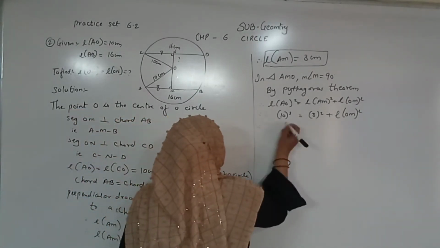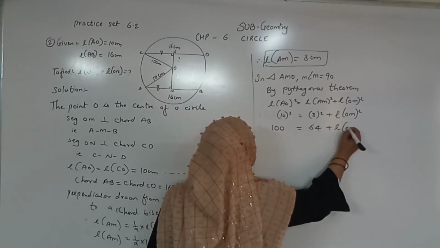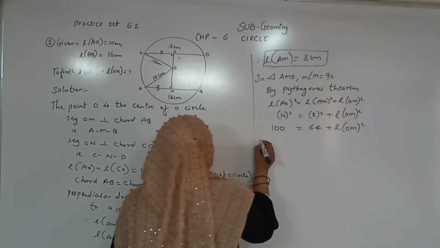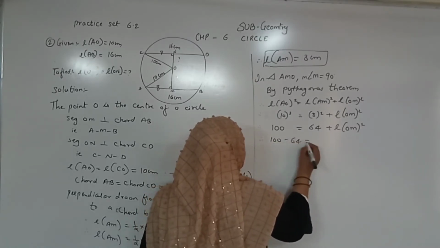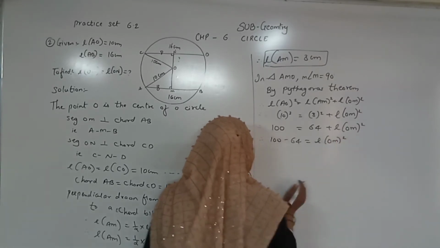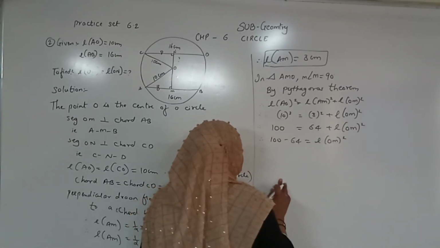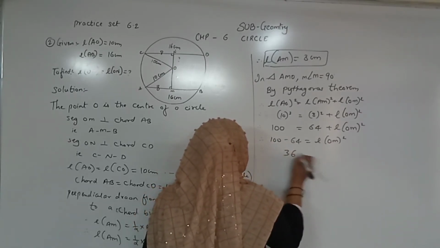Now, students, 10 squared is 100, as you normally do. I will take the number to one side, so plus 64 will become minus 64. So 100 minus 64 is 36.